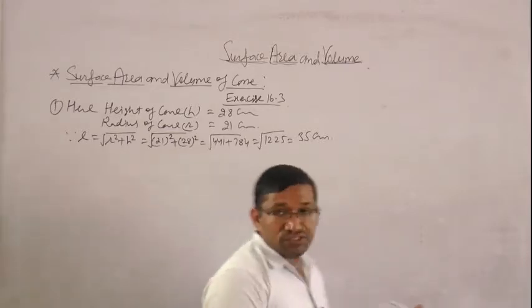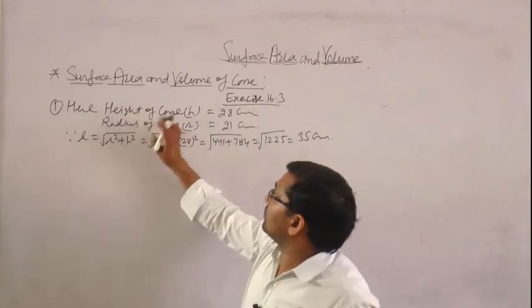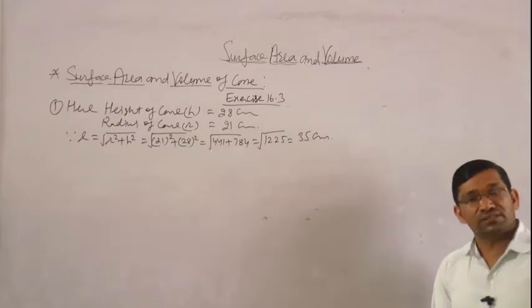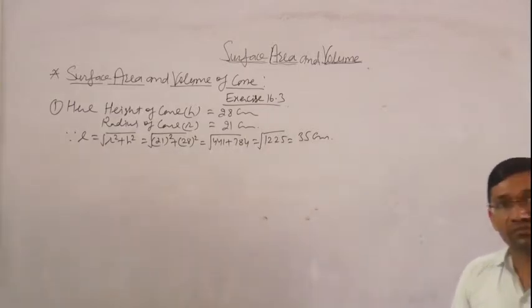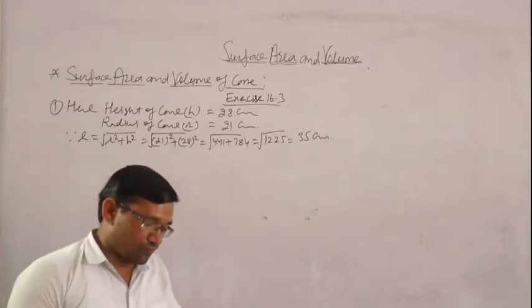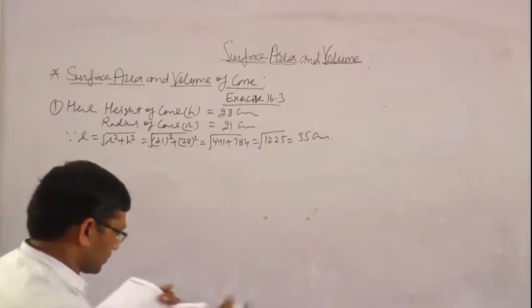Okay, in this question height of cone and radius of cone are given. So first we find slant height of cone, because we want to find out curved surface area of cone.